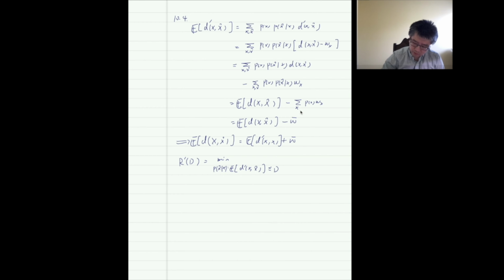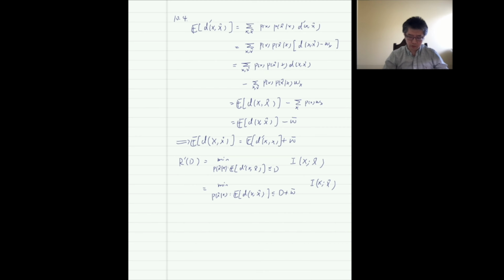Now we replace d prime by d, so this should be less than or equal to D plus omega bar, because of this relation.